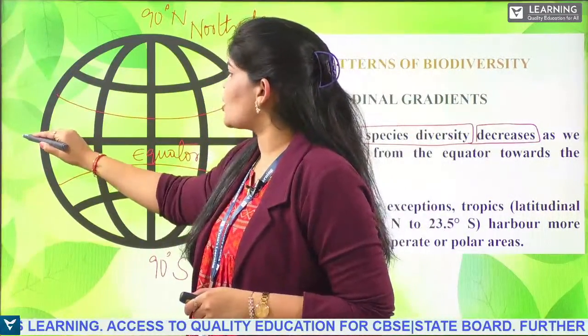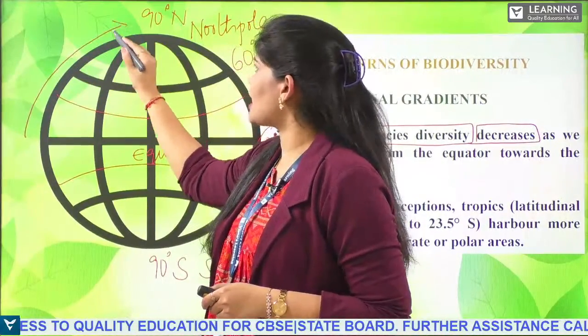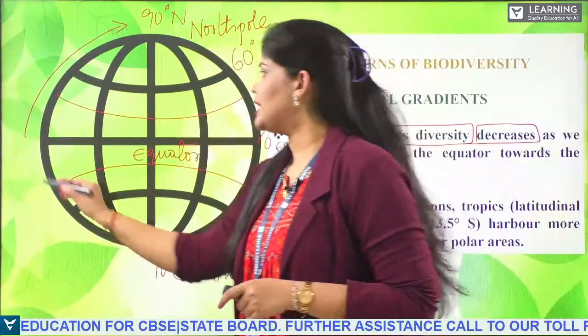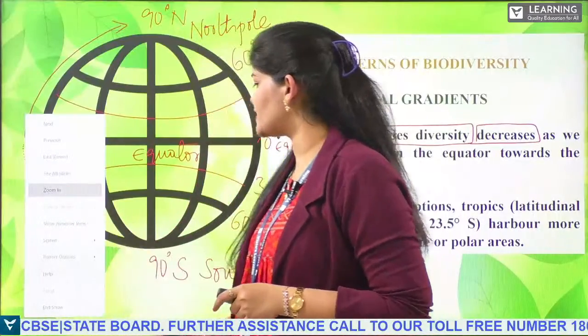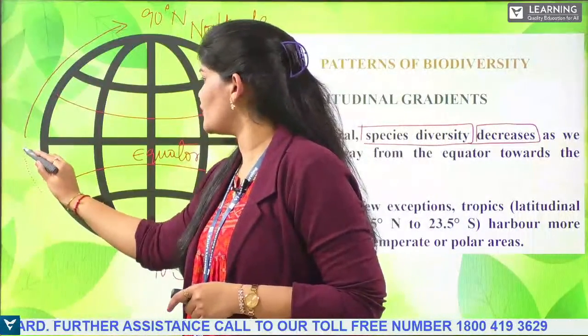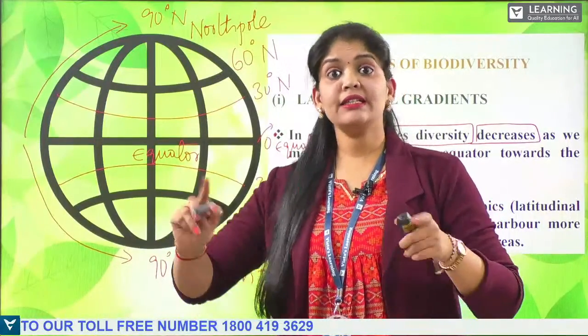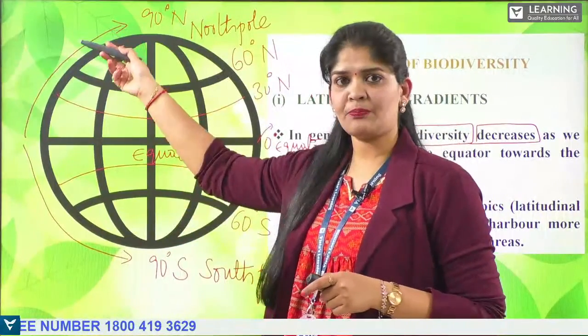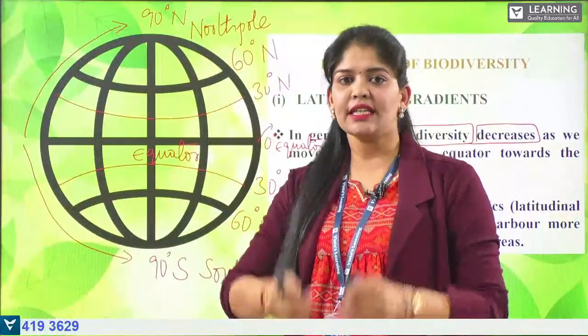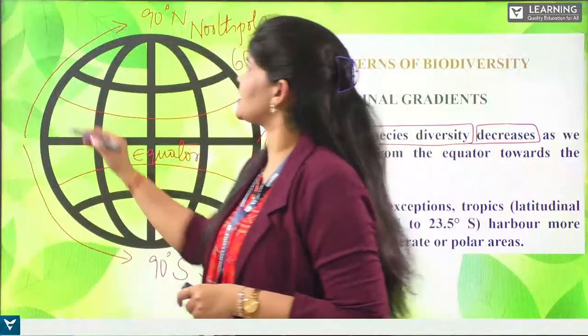If you start moving towards North Pole or if you start moving towards South Pole, in either of these two cases, we can see there is a decrease in the species diversity.